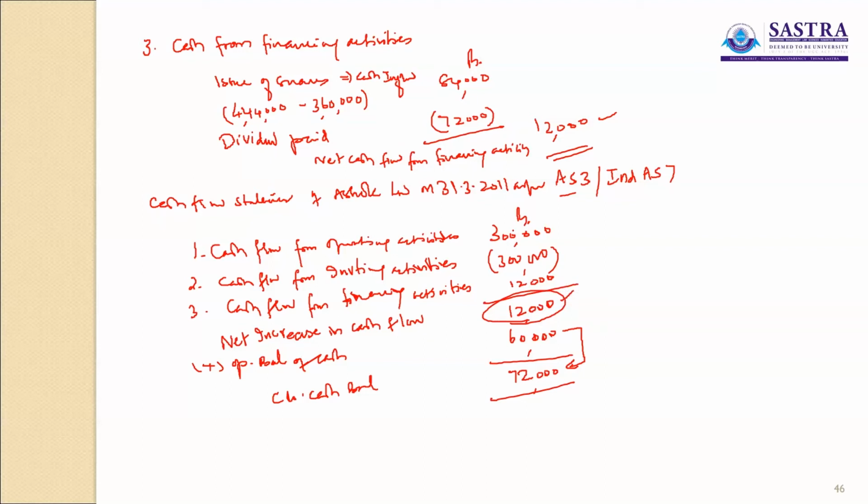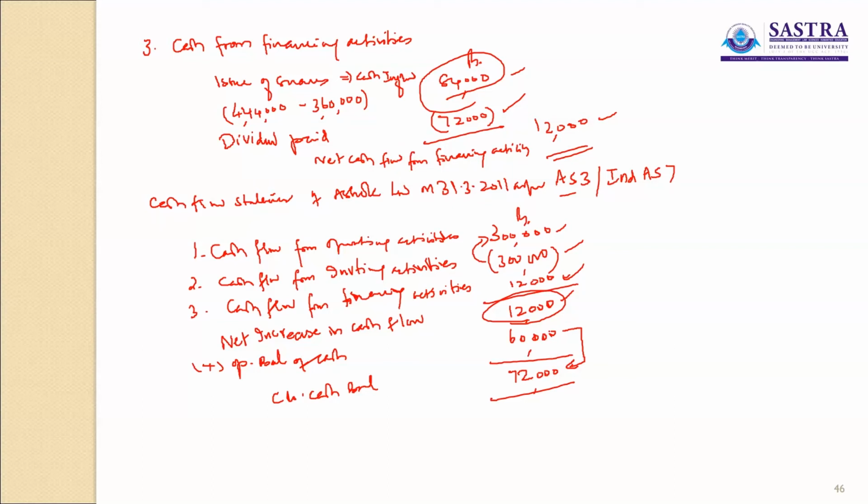So this may be viewed as the firm has managed to raise capital of rupees 84,000, which was used for purchasing some equipment, because of which the firm was in a position to generate cash from operating activities to the tune of 3 lakhs, out of which dividend of rupees 72,000 was paid, and there was a cash flow of rupees 12,000 from financing activity. This has contributed to the increase of cash from 60,000 to 72,000.